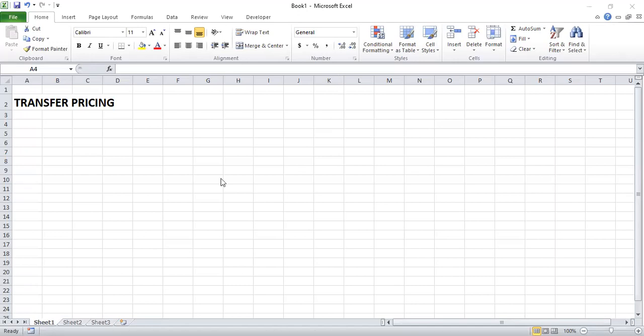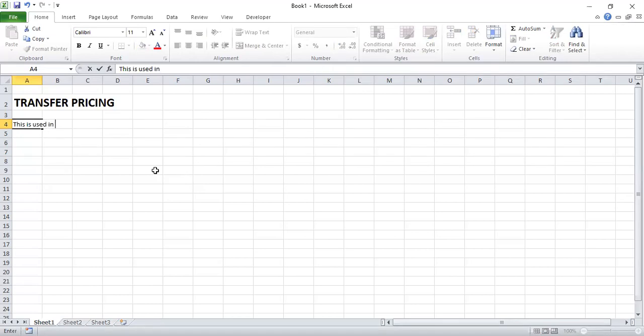At the same time, this furniture division can buy from their sister company, or they can buy the wood from outsiders. So at the end of the day, they have to agree on the price that is to be charged. At the end of the day, the interest of the company as a whole should supersede the interest of the separate divisions.